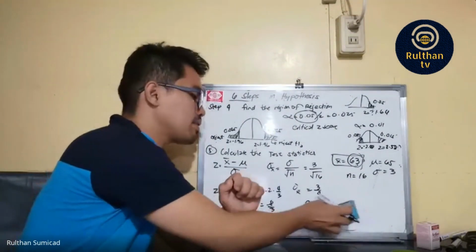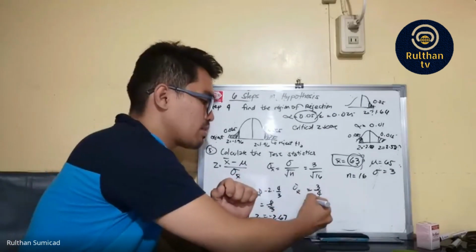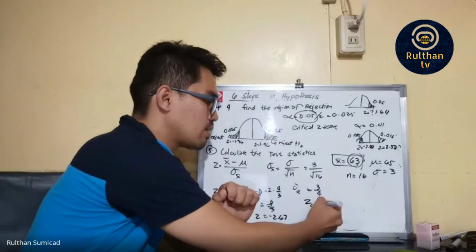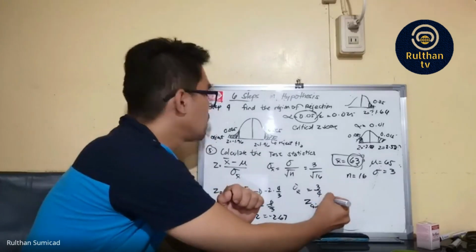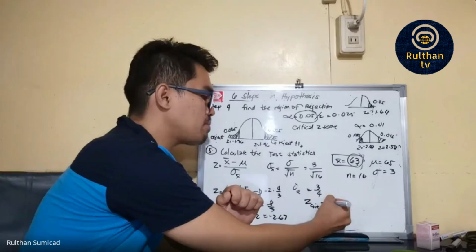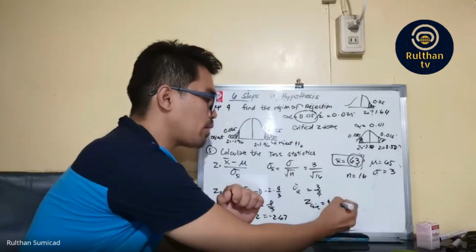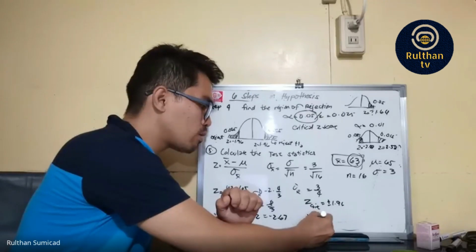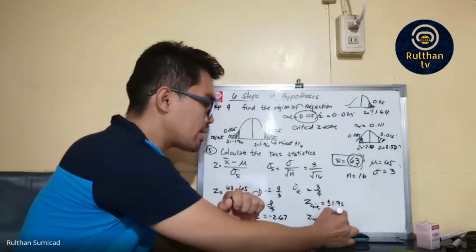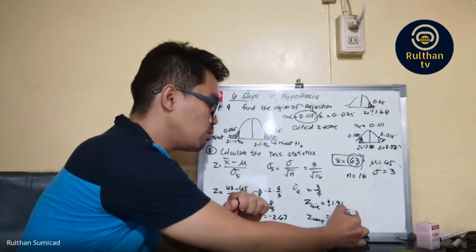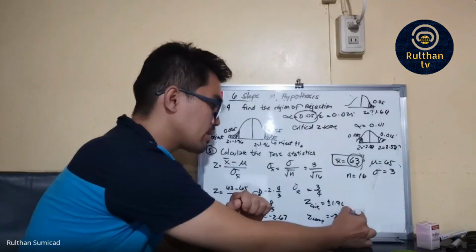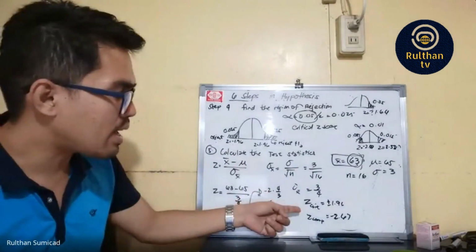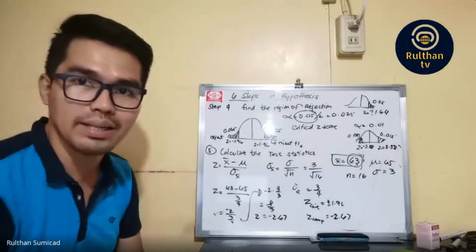It's like this: z critical is equal to plus or minus 1.96, while the computed z is negative 2.67. Now let's compare which is greater, the z critical or the z computed.